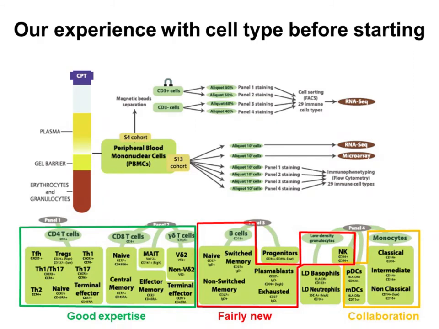We have a lot of collaboration with scientists regarding the myeloid cells, but we are fairly new in the field of B and NK. So it shows you the level of confidence before starting, and how you can still run high dimensional flow if you follow this strategy for the optimization of panel design.